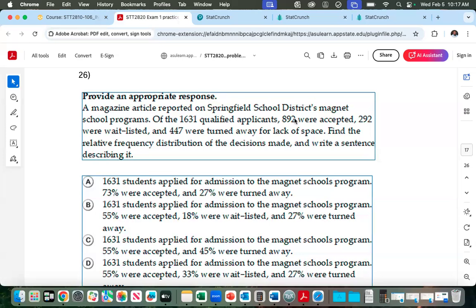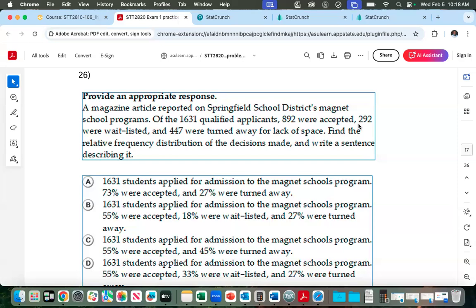So let's write accepted to be 892. And then we are told that 292 were wait listed. So wait list is 292.